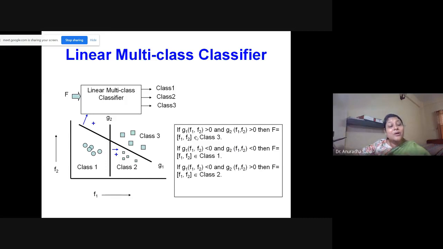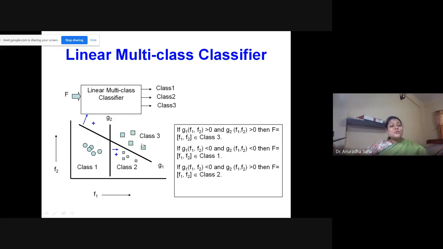So we can have either a linear multi-class classifier, or some kind of non-linear multi-class classifier. But this should be a multi-class classifier, not a two-class classifier. So you can easily see here we don't restrict the outputs to two classes. It is more than two. It is basically three here, right?